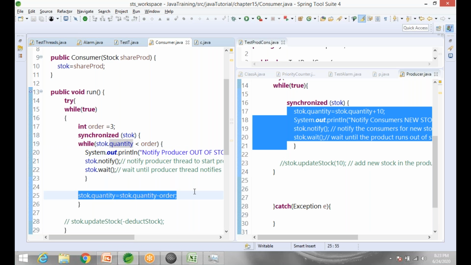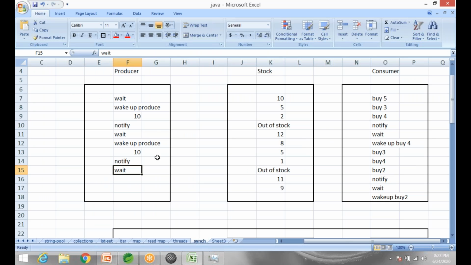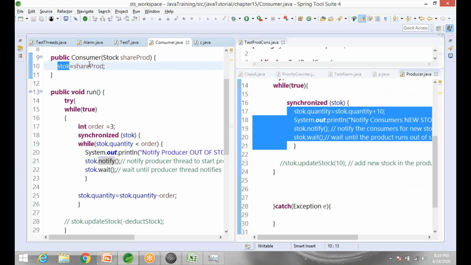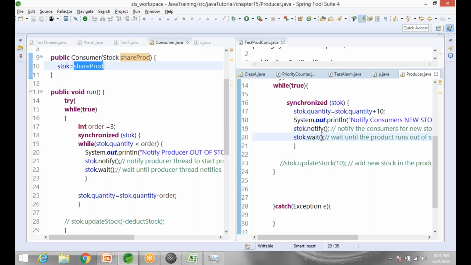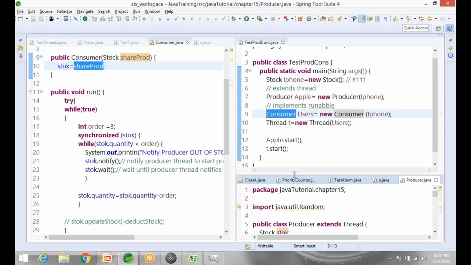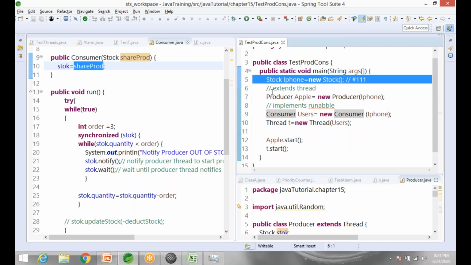It's a 3-line simple code that we wrote based on our analysis on how to balance this producer consumer example. In both cases, you are working on the same shared object. The same shared object is being exchanged between both threads. One stock object between the producer and the consumer class.